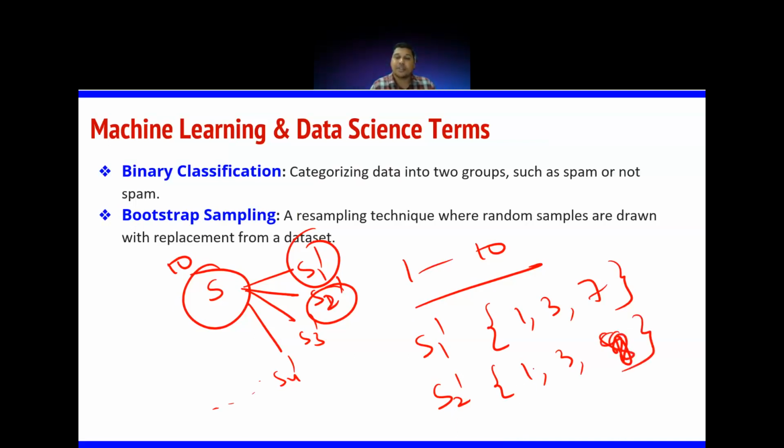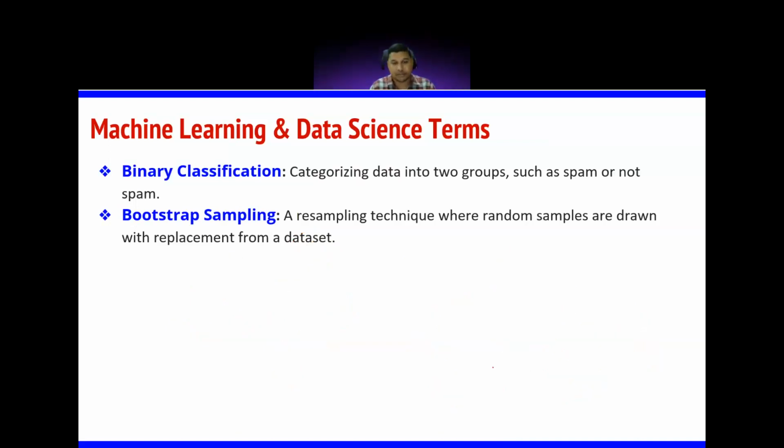See, with replacement, I am getting the same values in both samples. Because the sample is very small, when drawing more samples from it there is a high chance that you get repeated values. So the sampling technique applied with replacement is called the bootstrap sampling method, and we have seen how to use it to give estimation in an interval.